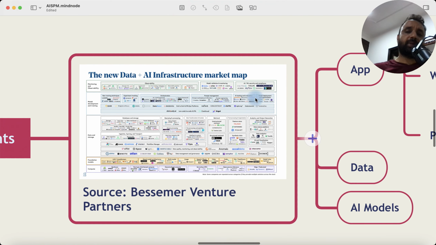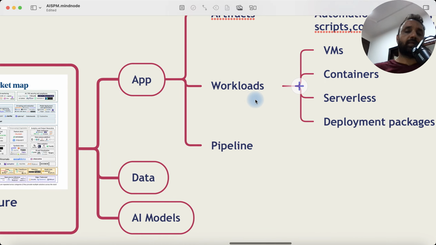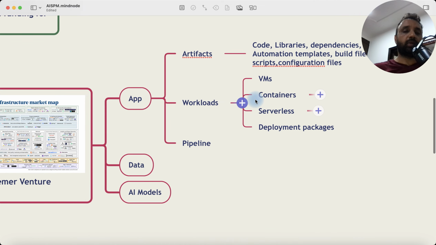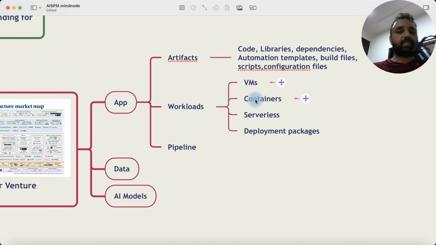Now, if I have to summarize it, this is all about apps that will have AI capability. This could include the artifacts of the app itself, which includes the original source code, libraries, their dependencies, automation templates, build files, scripts, configuration files, etc. The second component could be workload, which is virtual machines, containers, serverless, deployment packages, and then, of course, the entire pipeline that's needed for this app to be created.